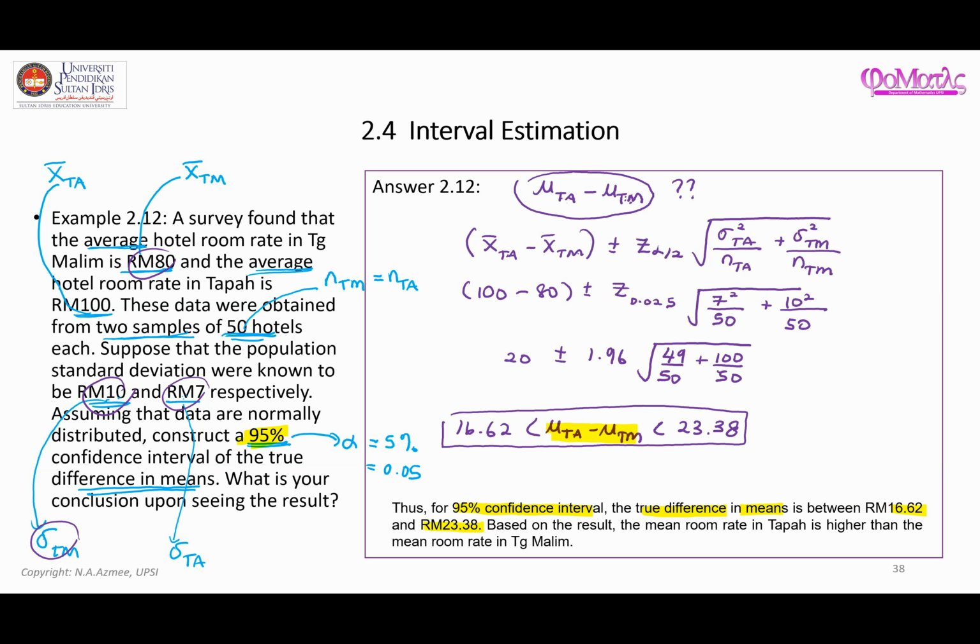Now, based on the result here, both the lower limit and upper limit are positive values. Therefore the mean room rate in Tapa is always higher than the mean room rate in Tanjung Malim. So that is what can be concluded from the construction of the confidence interval here.